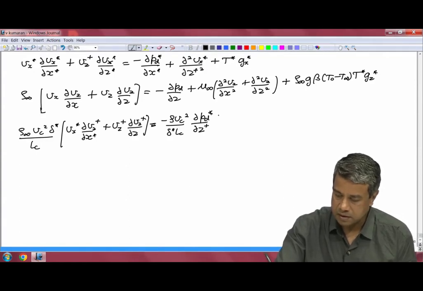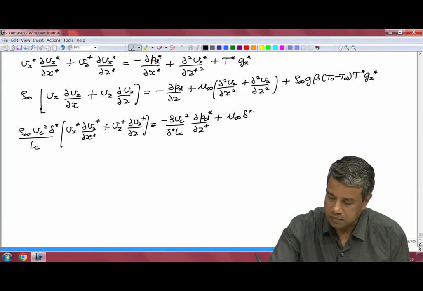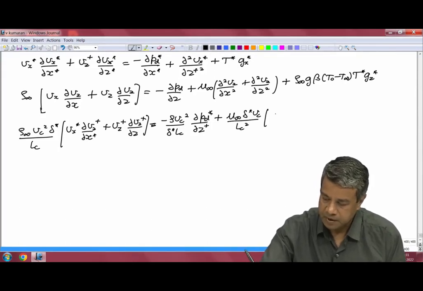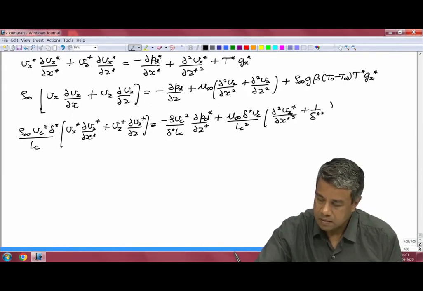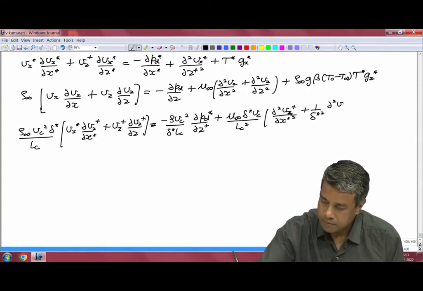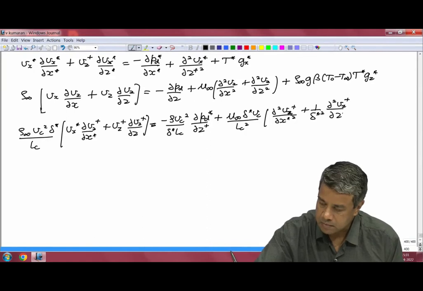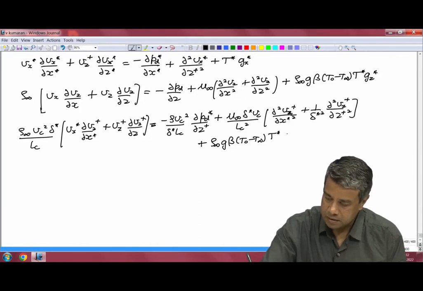Partial z plus, plus mu infinity into delta into Vc, because Vz is scaled by delta times Vc, divided by Lc square into partial square Vz plus by partial x star square plus 1 by delta square partial square Vz plus by partial z plus square, plus rho infinity g beta into T naught minus T infinity T star Gz star.